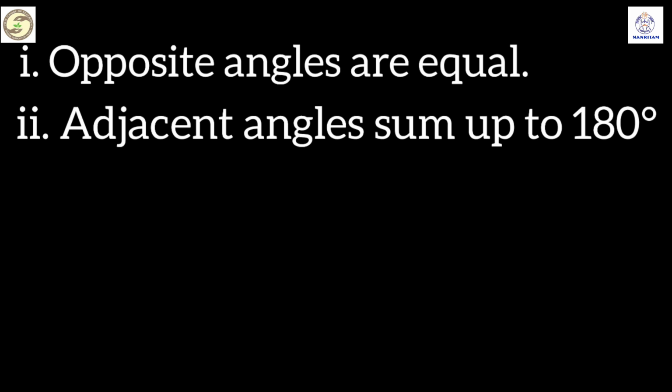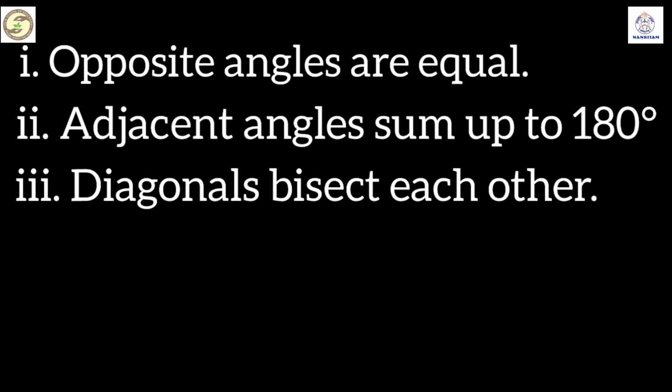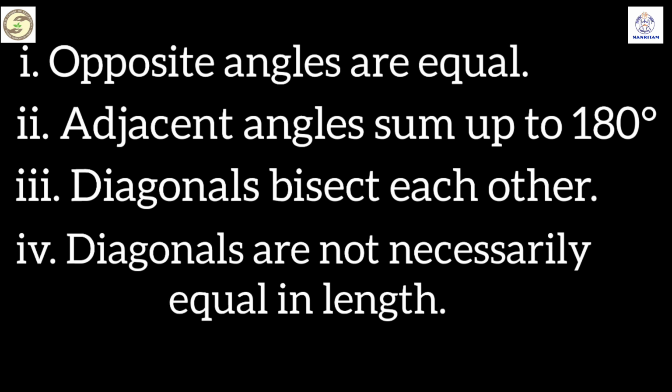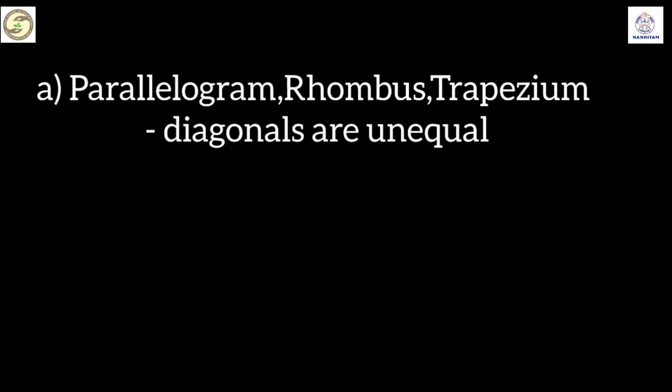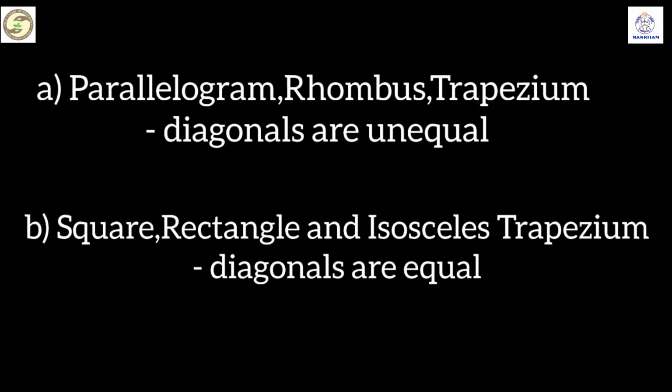Adjacent angles sum up to 180 degrees. Also, diagonals bisect each other. Diagonals are not necessarily equal in length. For parallelogram, rhombus, trapezium, diagonals are unequal. For square, rectangle and isosceles trapezium, diagonals are equal.